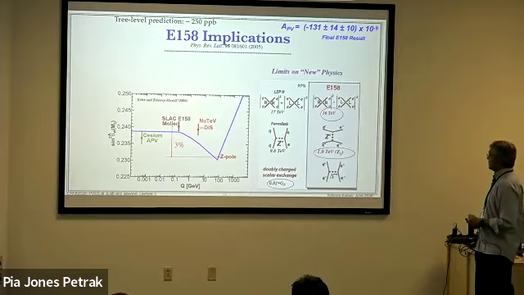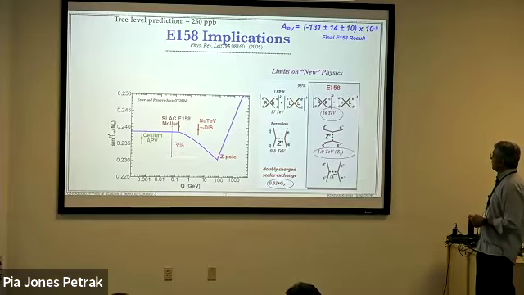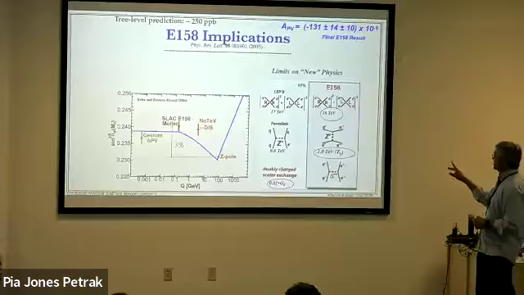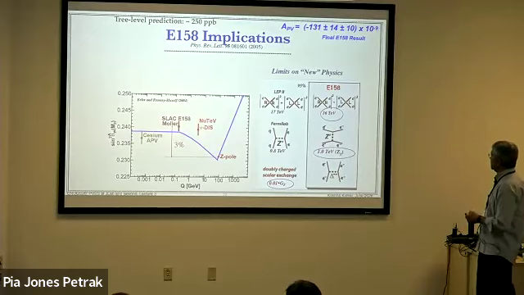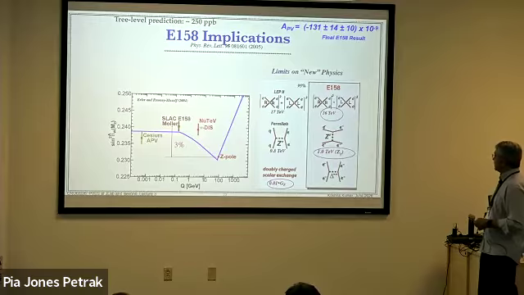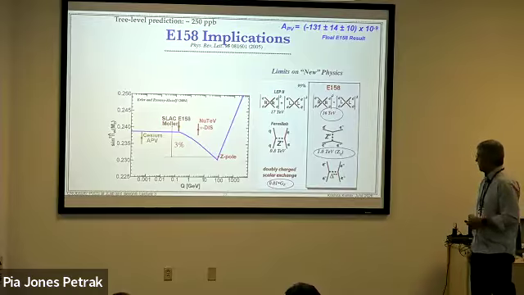So when we published it in 2005, we were able to put new limits on the 4 six-dimensional operator combination, which was unique to E158. The plus sign here is what the collider could measure, and we measured it with the minus sign. Looking for new Z primes, our limits were as good as the limits that were coming from Fermilab.